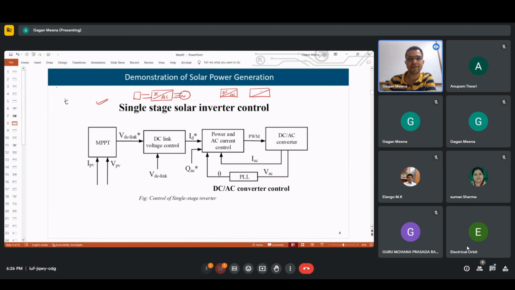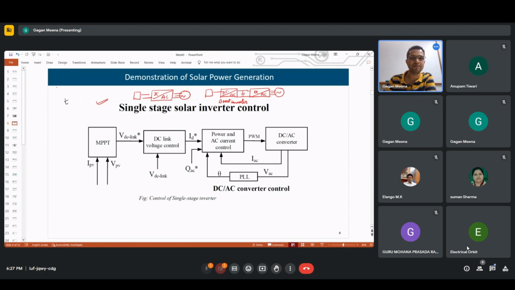Earlier we had a DC-DC and a DC-AC conversion stage. This was a boost converter, and then the output of the converter would go to this inverter, and it will generate the three-phase signal.